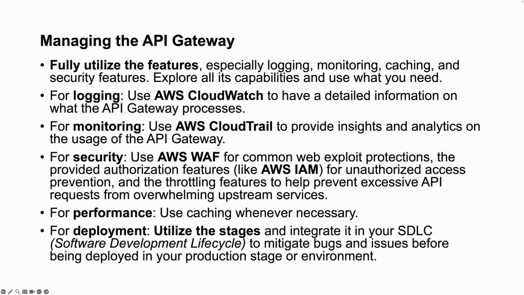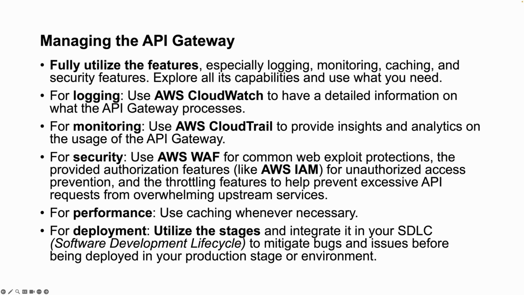The fourth one is for performance: use caching whenever necessary. You can see in my demonstration that there are certain data that you can cache. And once you think that it's always being used, cache it. And then lastly, for deployment, do utilize the stages and integrate them in your software development lifecycle.